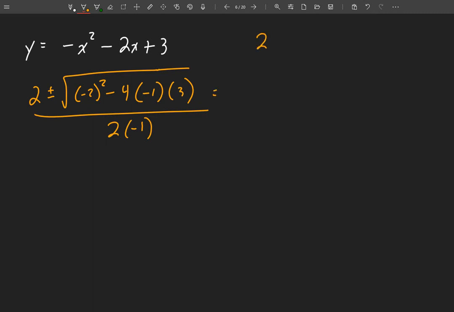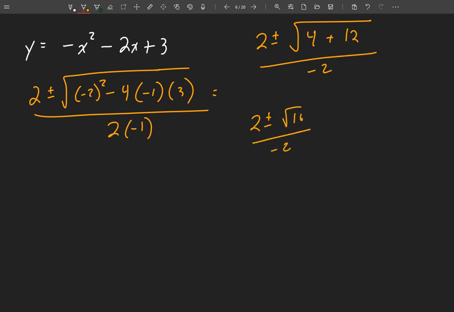So I have 2 plus or minus the square root of 4, and this is negative 4 times negative 1 times 3. That's a positive 12, all over negative 2. And now this is going to give me 2 plus or minus the square root of 16 all over negative 2, which is 2 plus or minus 4 all over negative 2.